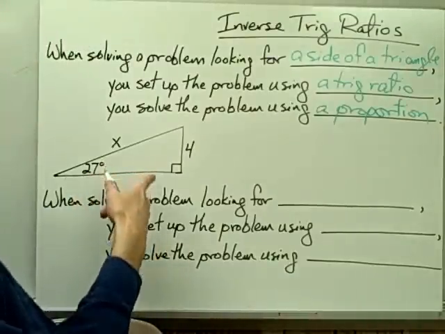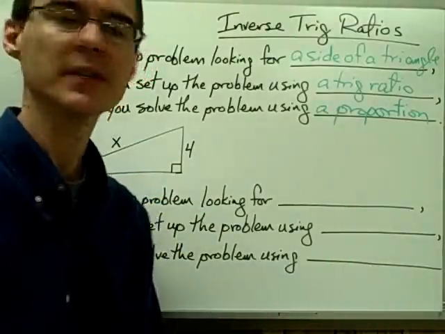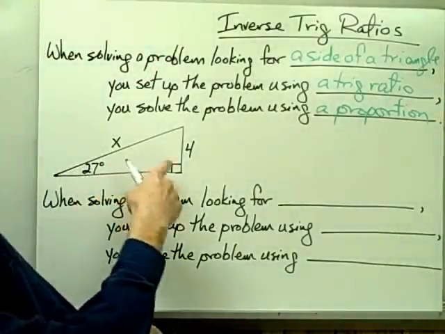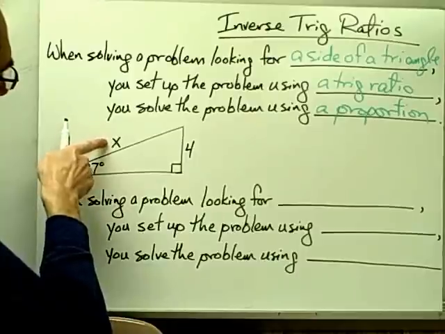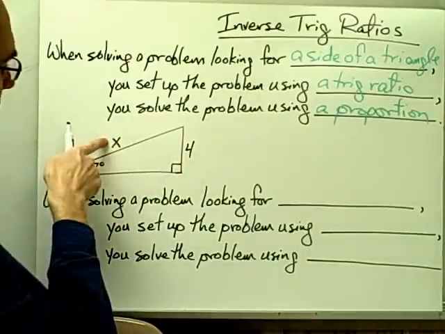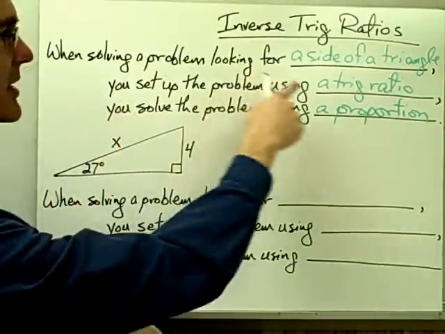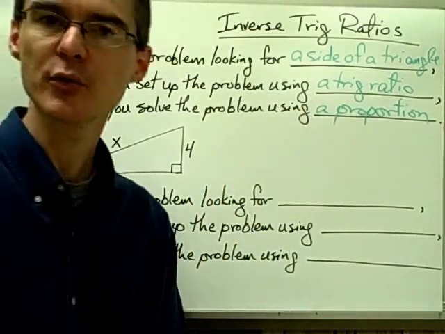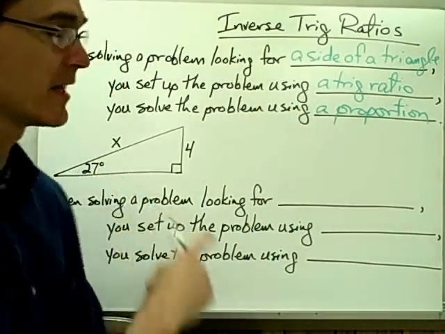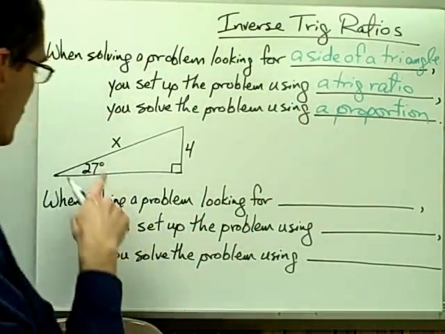All right, so here's an example of a problem like those we solved in the last video. I've got a right triangle, and I'm looking for the length of this side of the right triangle, the hypotenuse. So I'm going to set up the problem using one of my trig ratios, and the first thing I have to do is decide which of my trig ratios I want to use.